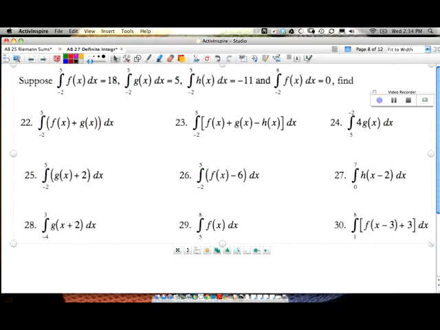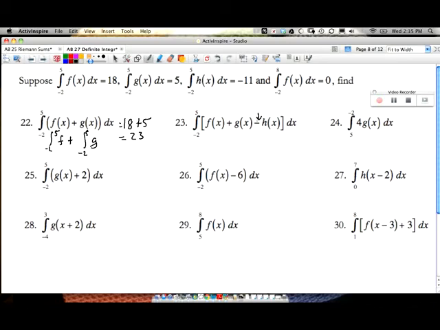There we go. Alright, so for this first one, number 22, we're looking at the integral from negative 2 to 5 of F plus the integral from negative 2 to 5 of G. We can split it up and then just add them up. So that's going to be 18 plus 5. Simplified would be 23.